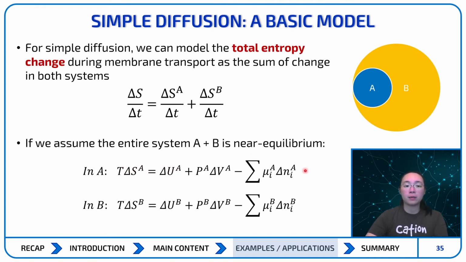So it's important that we have this term for chemical potential in here as well. In B, you have T delta S_B equal to the usual minus the total chemical potential of any ions in B.